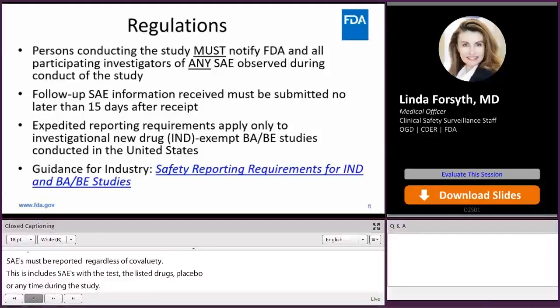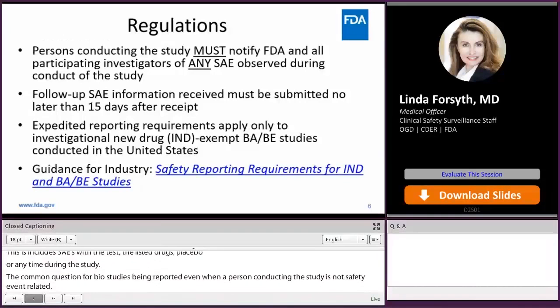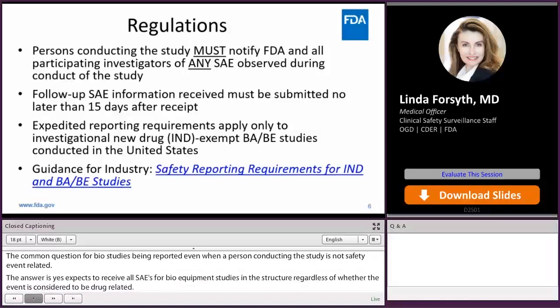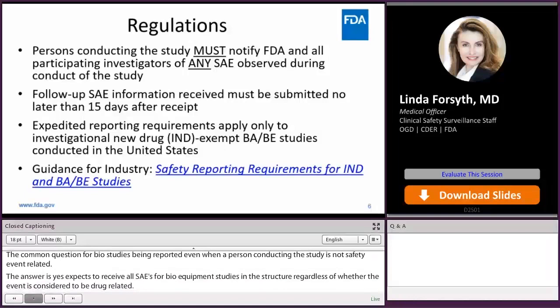The answer is yes. FDA expects to receive all SAEs for bioequivalence studies in the investigational and approved drug group, regardless of whether the event is considered to be drug-related. Any follow-up information received by the sponsor must be submitted to FDA no later than 15 days after receiving the information.